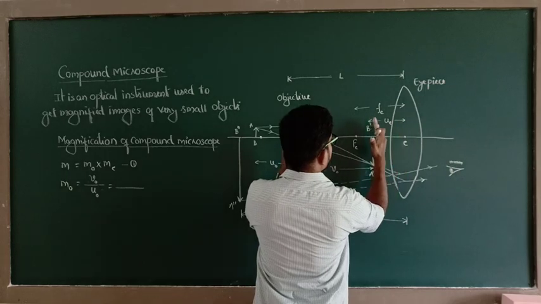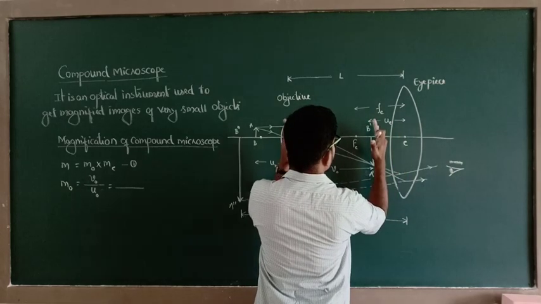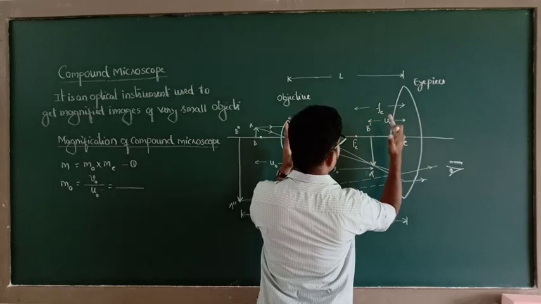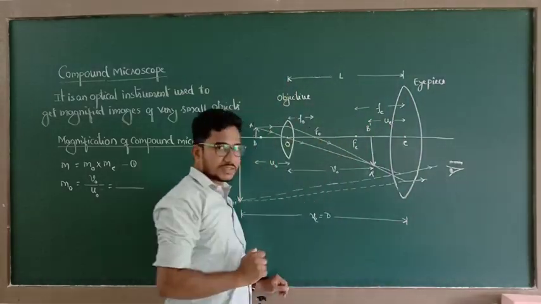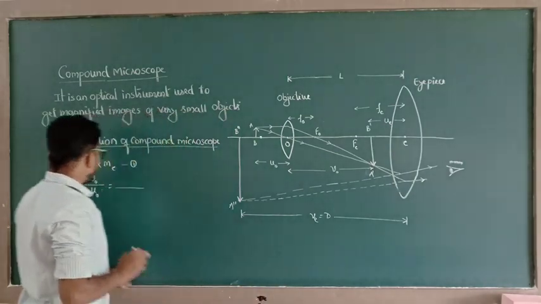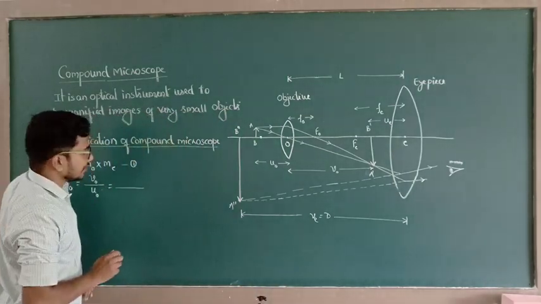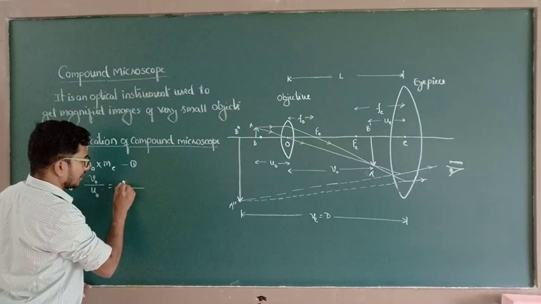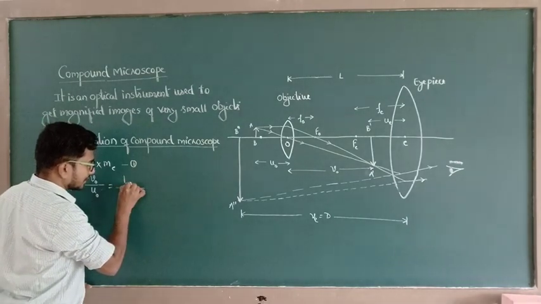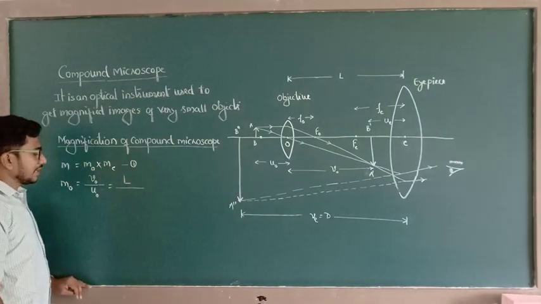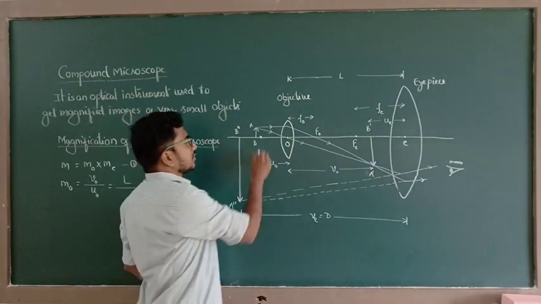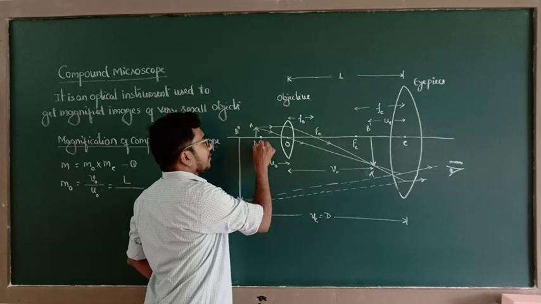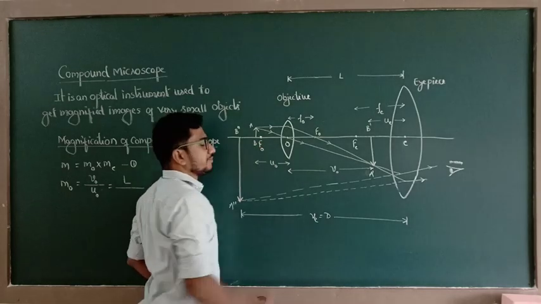Here the image distance with respect to the objective is nearly equal to the length of the compound microscope, and it is represented by capital L. Then, objective lens. So this is the principal focus of the objective.